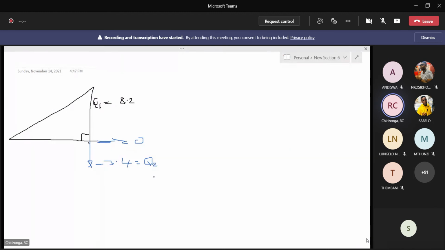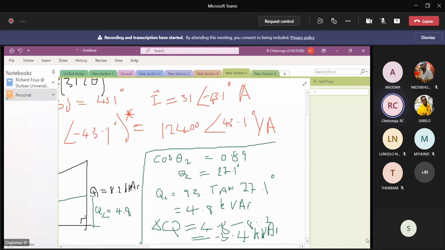So that the net reactive power, when you add 8.2 to minus 3.4, will give you 4.8.